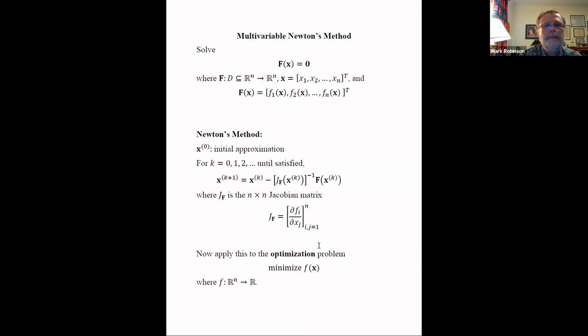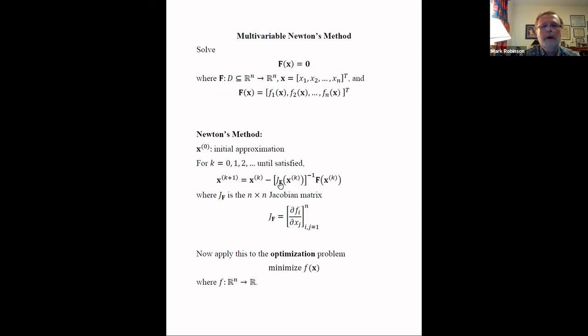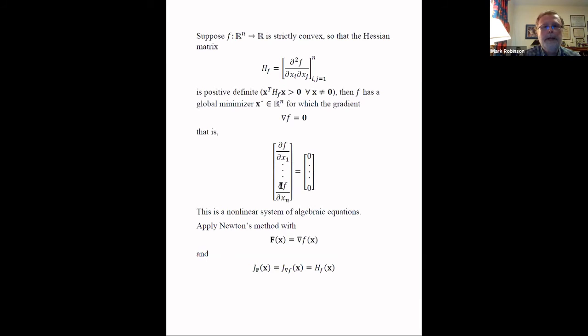Let me just go back to the previous screen here. This is what the method is. We just have to plug all this in, where the capital F in this case is going to be the gradient of the little f. And then, of course, we have the Jacobian matrix of big F. Well, what's big F? Big F is the gradient of little f.